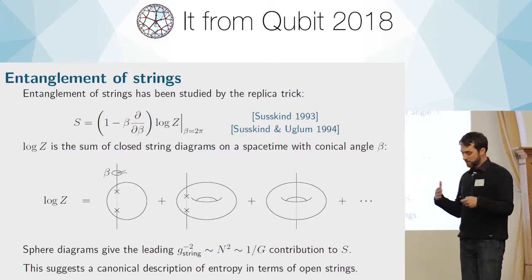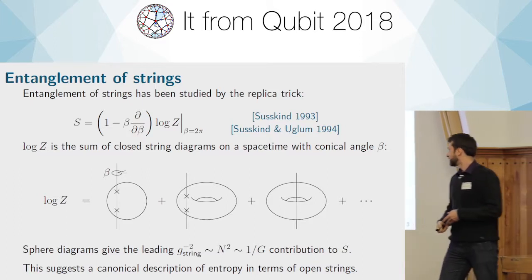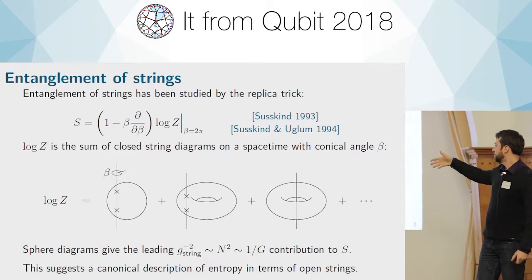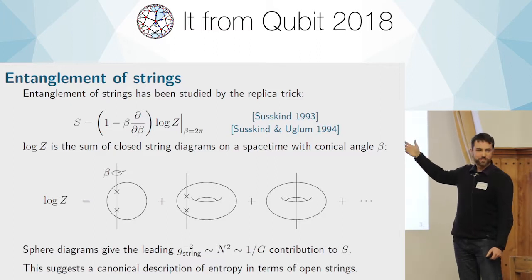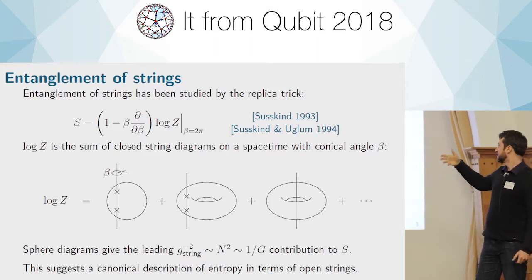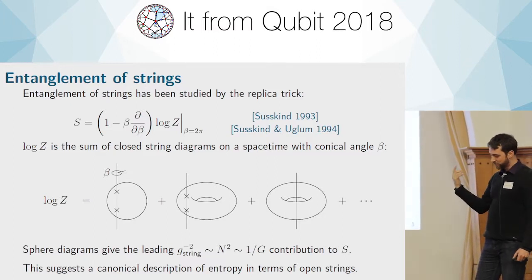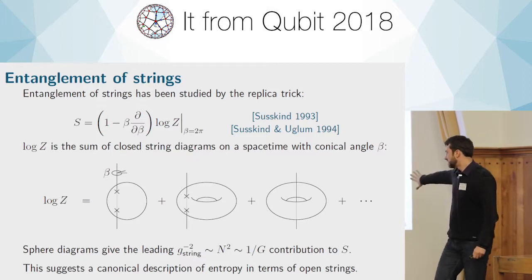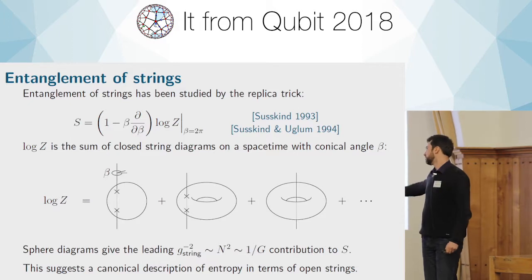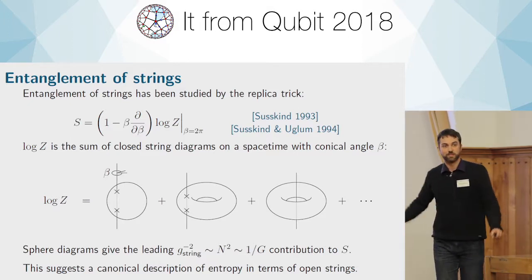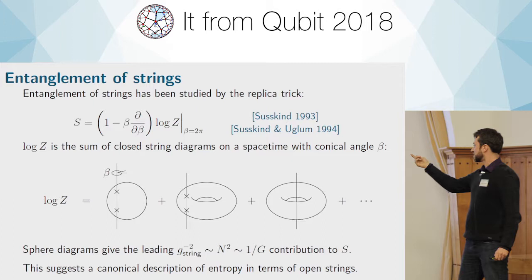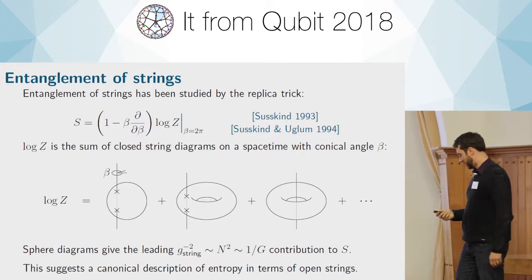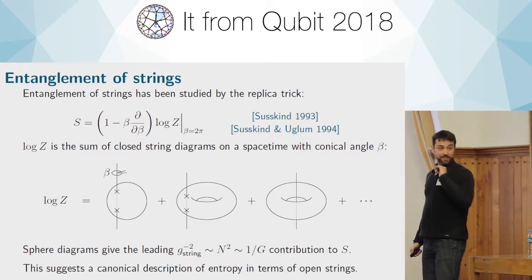So what this suggested to Susskind is that what you're counting is something like a trace over some thermal system of open strings ending at the entangling surface, but he didn't give a precise canonical description of this sort. It has never actually been worked out. It was just from the pictures, one expects that's how it's going to go. Okay. Yes.